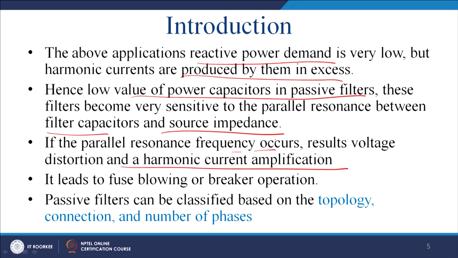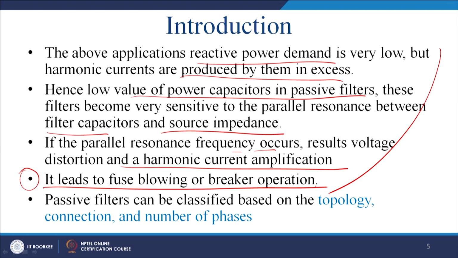This is one of the major drawbacks of passive filters, and we have explained these issues in an overview. It is just an introduction. It leads to the blowing of fuses or maloperation of circuit breakers, and this is challenging.